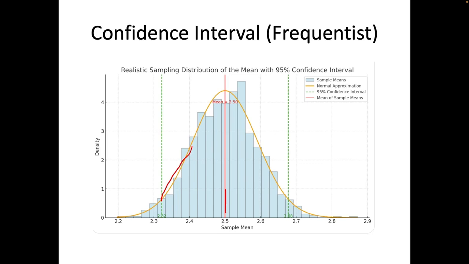The green dashed lines on the outside indicate the 95% confidence interval, which ranges from about 2.32 to 2.68. In a frequentist framework, we interpret this to mean that 95% of similarly constructed intervals, from repeated sampling, would contain the true population mean.